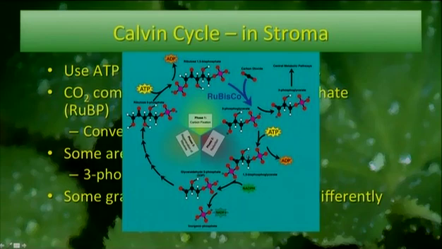Eventually you have the formation of glyceraldehyde 3-phosphate, and generally for every 12, 10 of them are used to recycle the RuBP, and only 2 are actually used to come together to make glucose. And here you have this enzyme called rubisco that helps facilitate the whole thing, that helps the carbon dioxide come together with the ribulose bisphosphate.